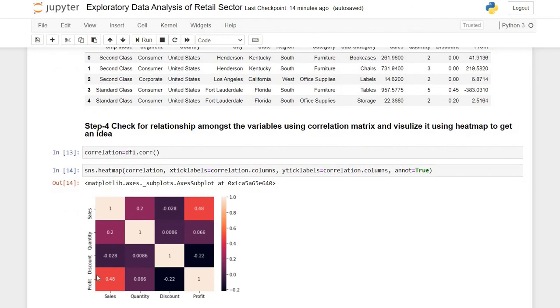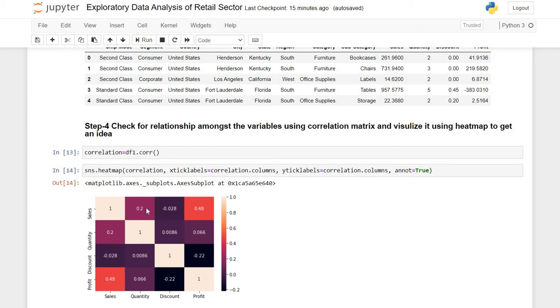In our dataset there are 4 such columns: sales, quantity, discount and profit. We find the correlation between those. Sales has a correlation with sales of 1, so sales is completely correlated with the sales column, which is obviously true. However, quantity is very lowly correlated with sales, only 0.2.